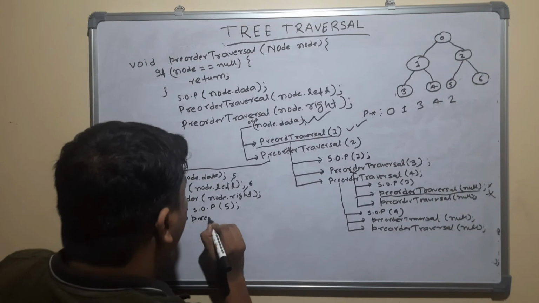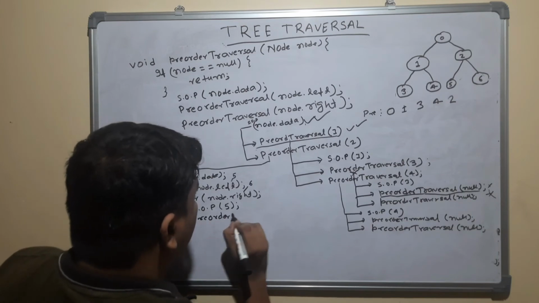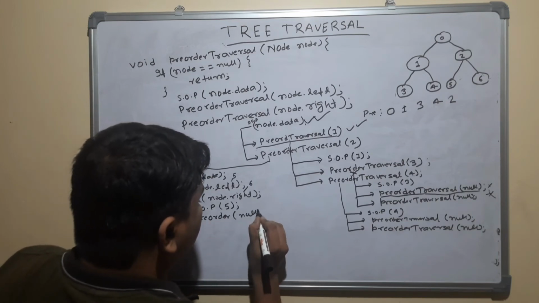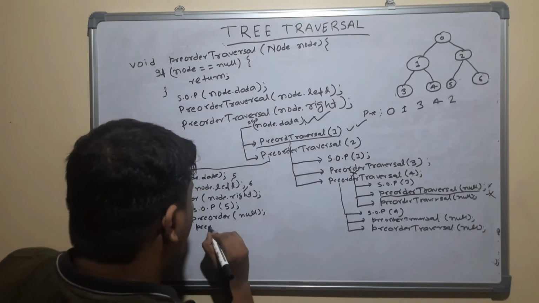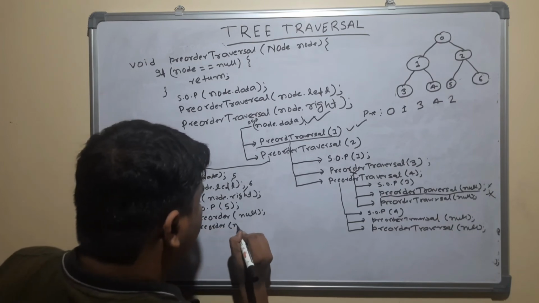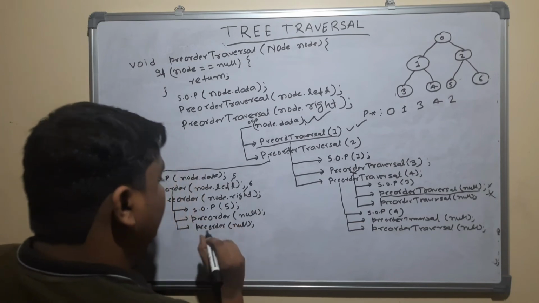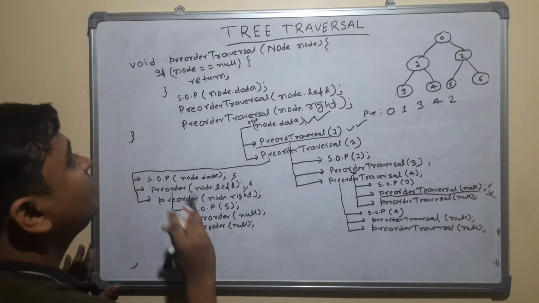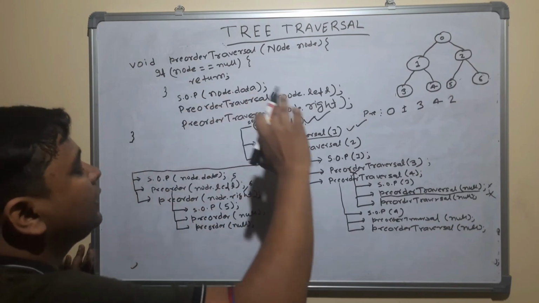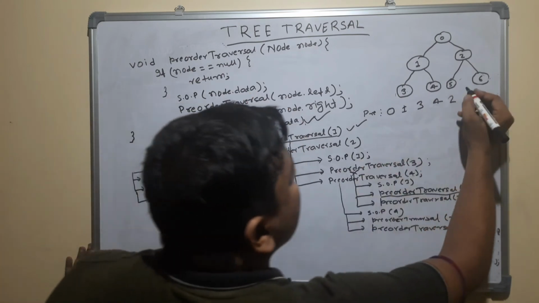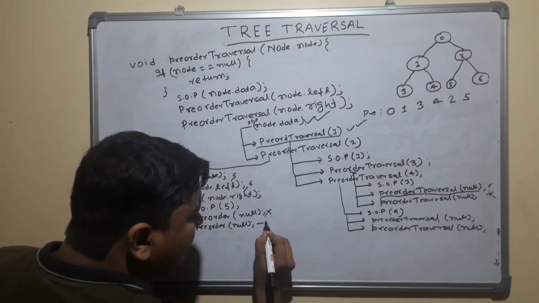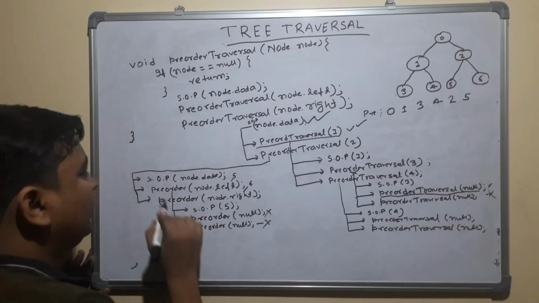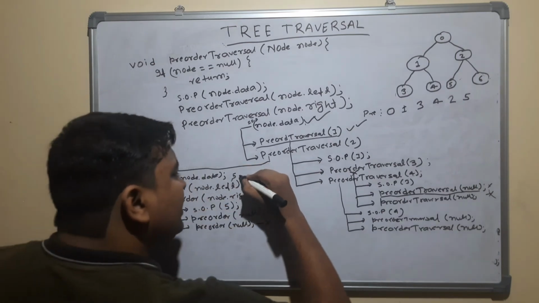Then pre-order null, pre-order null, and when it is null it does nothing. First it will call 5, so it prints 5, and the others are not doing anything. Now this subtree is completed.